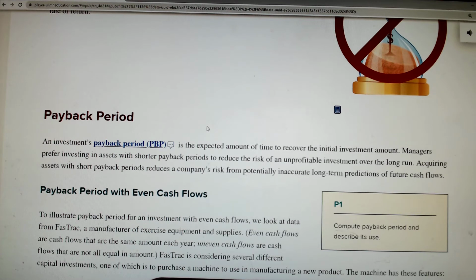But before we discuss this, let's talk about cash flows. When we invest in a project, it's going to take time for those returns to come back to me, and if those returns are even amounts at equal intervals, then that's called an annuity.